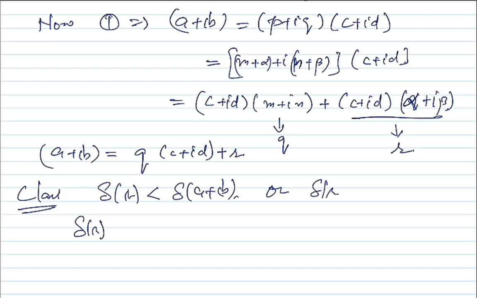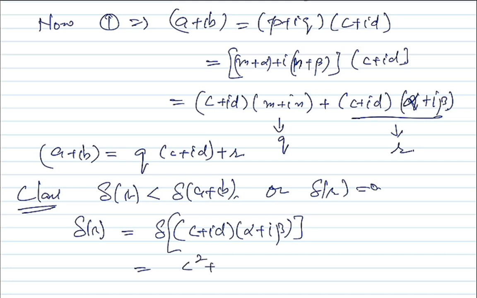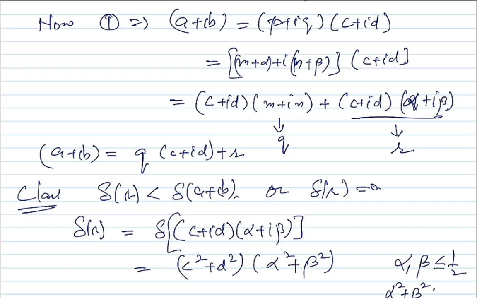Delta of r is 0 or it is delta of c plus eta d into alpha plus eta beta, which is equal to c square plus d square into alpha square plus beta square. Now since alpha and beta both are less than or equal to half, alpha square plus beta square will be less than or equal to 1, which is less than 1.